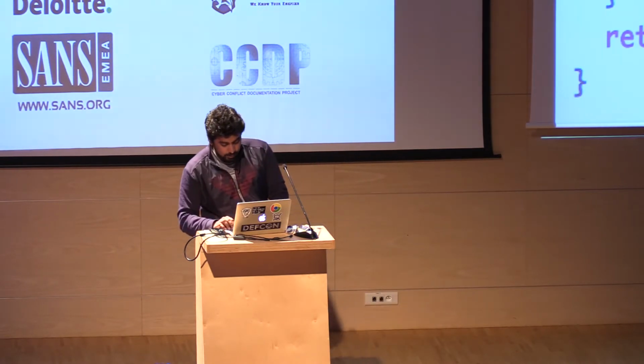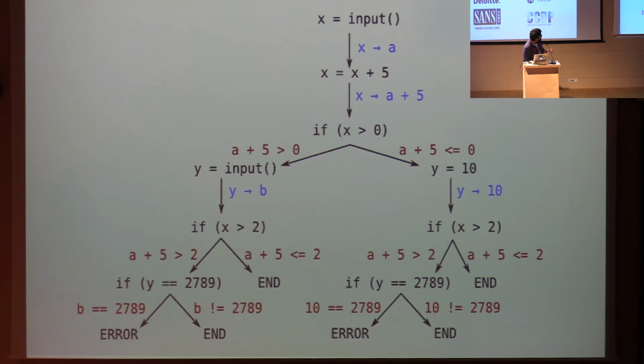Let me explain it with an example like this. So let's consider that this is a C program, and you can see that we are modeling small equations and getting answers towards the end. We are not concretely inputting any numbers in there.